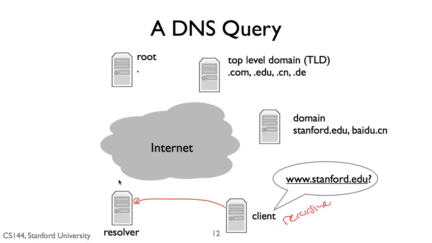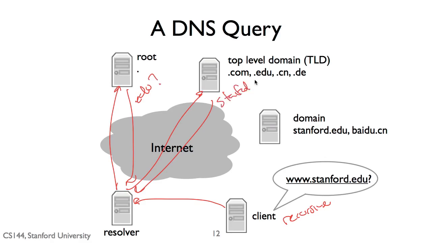The resolver might either answer from its cache or use cache entries, and if it doesn't have a cache entry for any stage of the query, it can ask questions of external servers. So whom would I ask about edu? Whom would I ask about stanford.edu? Hey, what's www.stanford.edu?